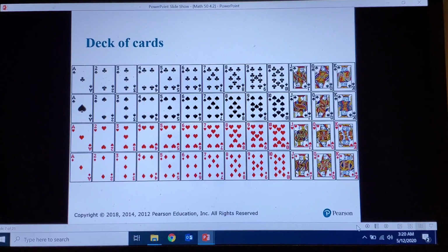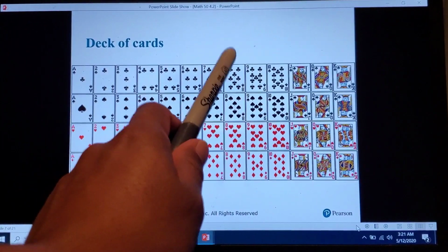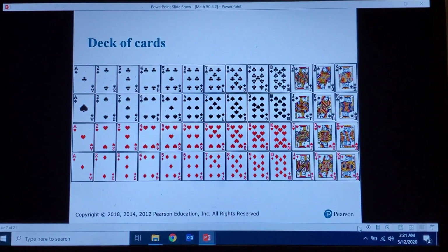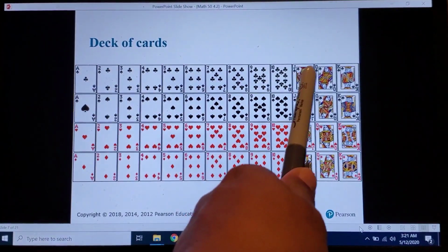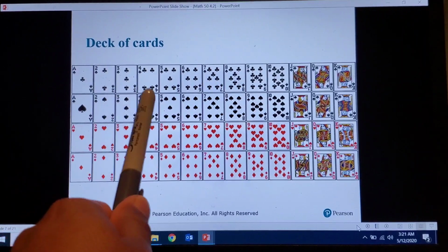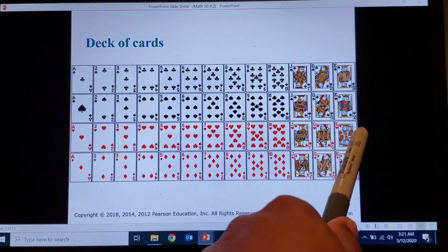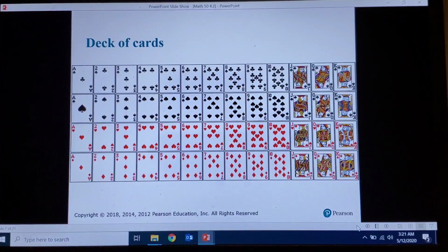Then 2, 3, 4, 5, 6, 7, 8, 9, 10, and then there's a Jack, Queen, and King. Same thing in each suit, in case you've never seen a deck of cards.